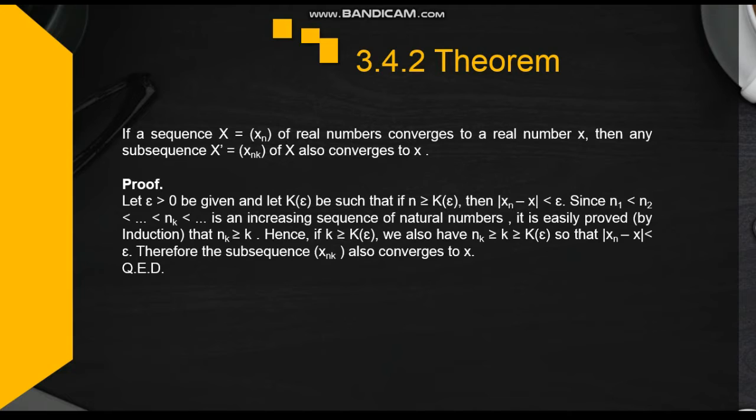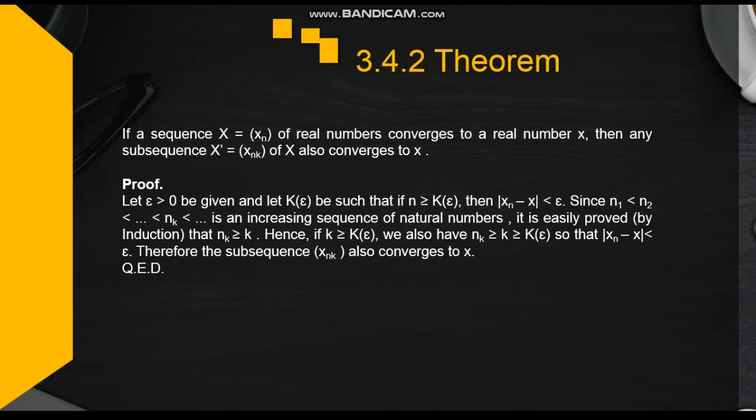Since n1 < n2 < ... < nk < ... is an increasing sequence of natural numbers, it is easily proved by induction that nk is greater than or equal to k.